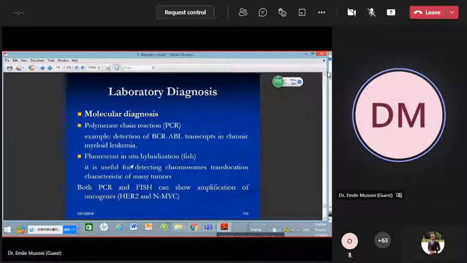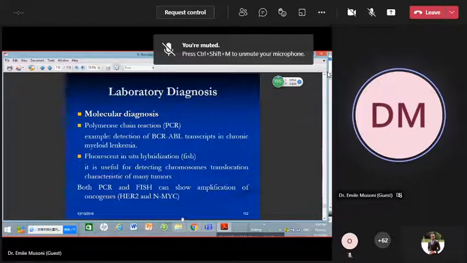There is also fluorescence in situ hybridization, which is useful for detecting chromosome translocations characteristic of many tumors. Both PCR and FISH can show amplification of the oncogenes HER2 and NMYC.